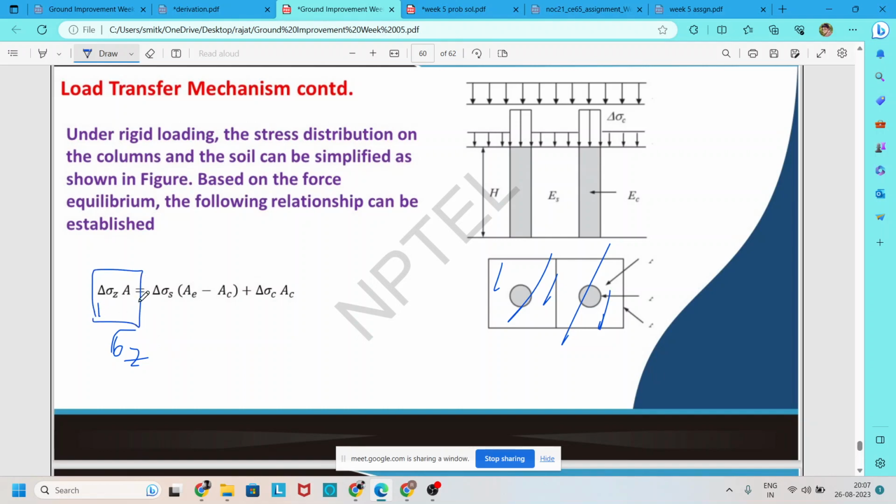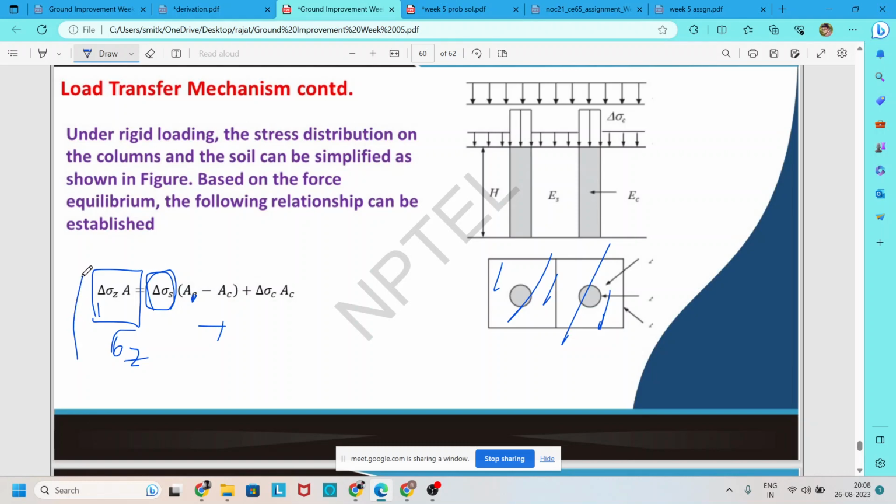Total force is the stress into area, which is equal to the stress taken by the surrounding soil into the area of the surrounding soil, found by subtracting the total area of the column from the total area of the one unit cell, plus the stress of the column into the total cross-section area of the column.